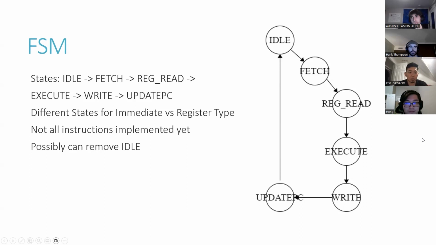But one reason we might keep it is it might be nice to have a little reset state where everything goes back to 0. It might slow down the program a little bit, but not enough to where the player of the game is really going to be able to notice it. So we're going to decide what happens with the idle state once the program starts.